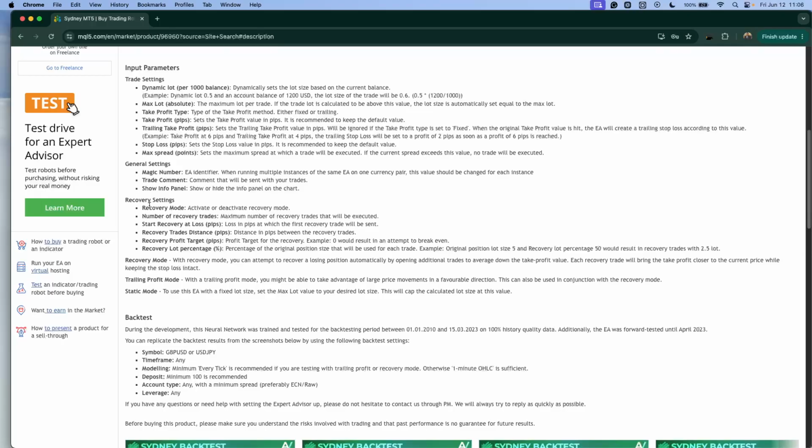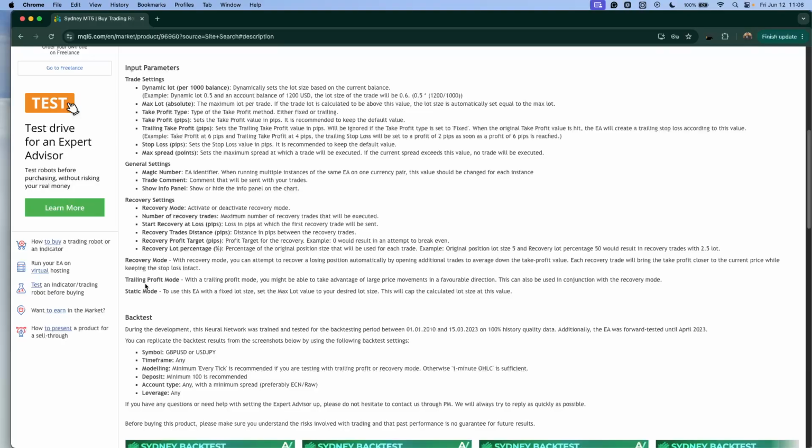Then there are the max lot limits, spread filter, the magic number, and info panel. All of these are settings and inputs which help this expert advisor trade efficiently. And it's positioned as a reliable session-based expert advisor with built-in risk management for consistent profits. That's all from the developer.